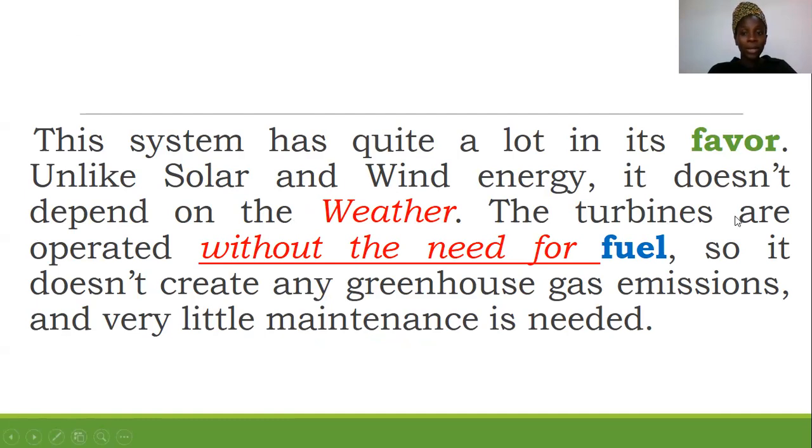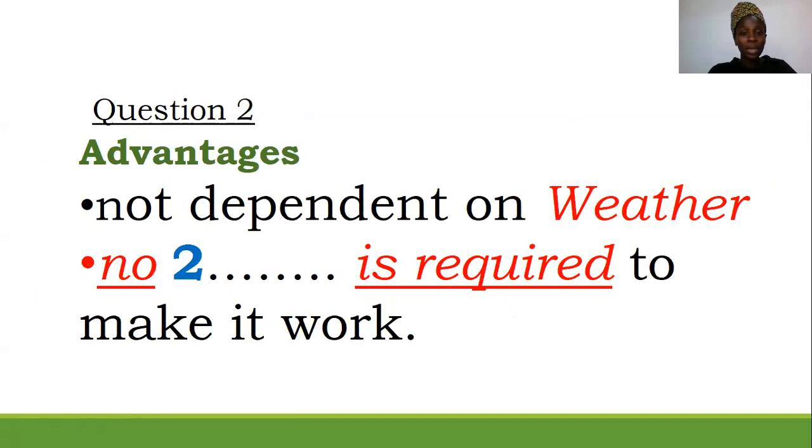The turbines are operated without the need for. That's another synonym and paraphrase. So it doesn't create any greenhouse gas emissions, and very little maintenance is needed. Can you see here?